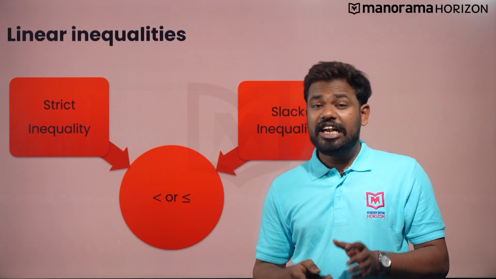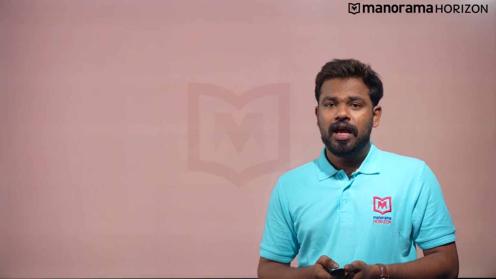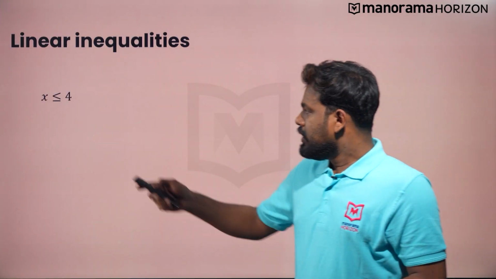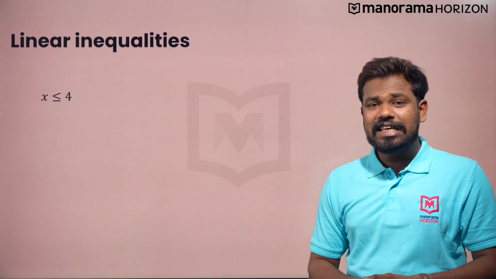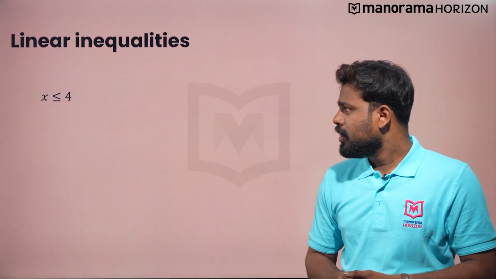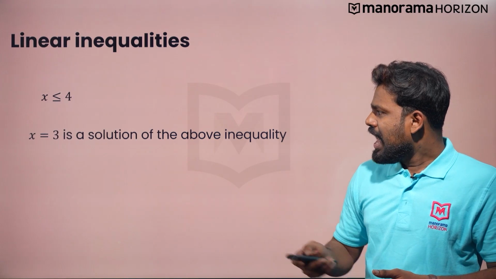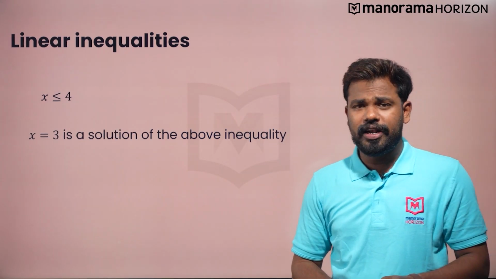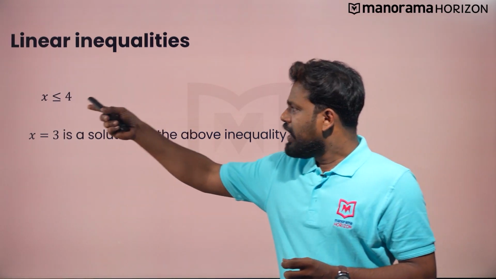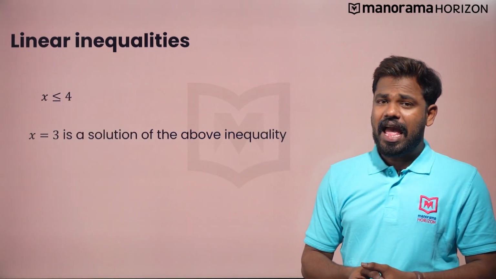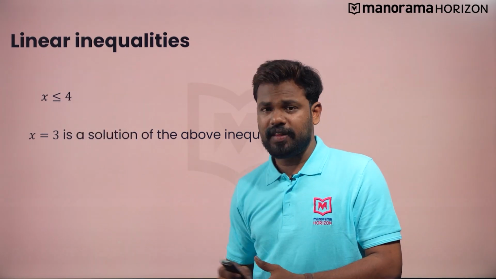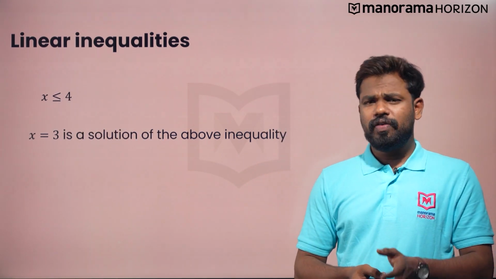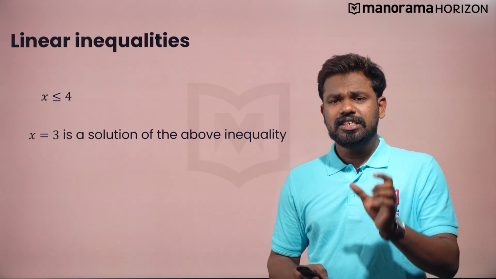So now we have studied different types of inequalities, right? Now let's move on to one inequality here, that is x less than or equal to 4. If I say this inequality, I can say x is equal to 3 is a solution of the above inequality. Why? Because if I take the real number line and mark 4 here, that is x is equal to 4, it is just a point.